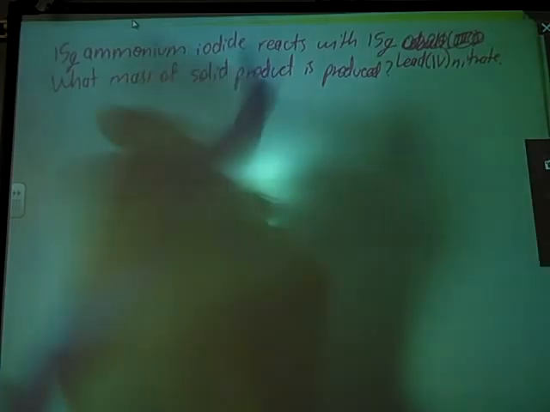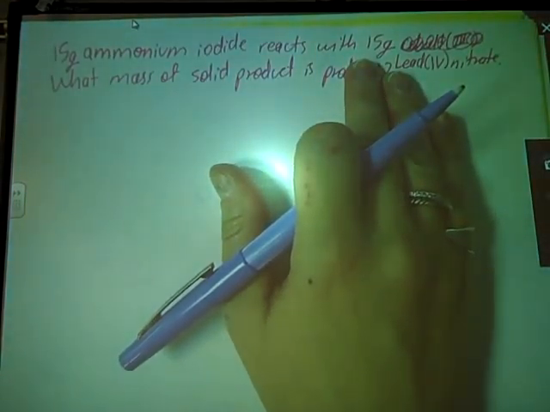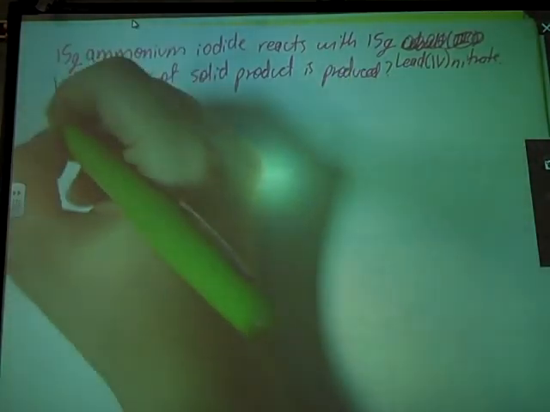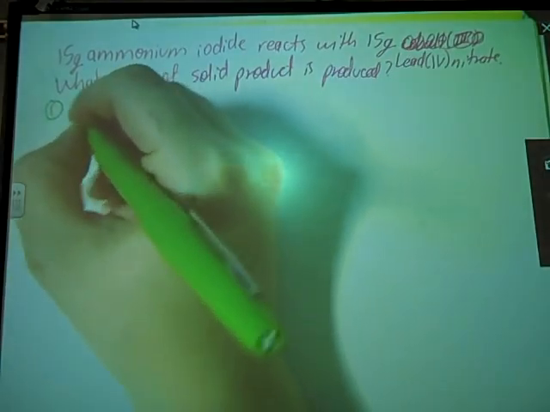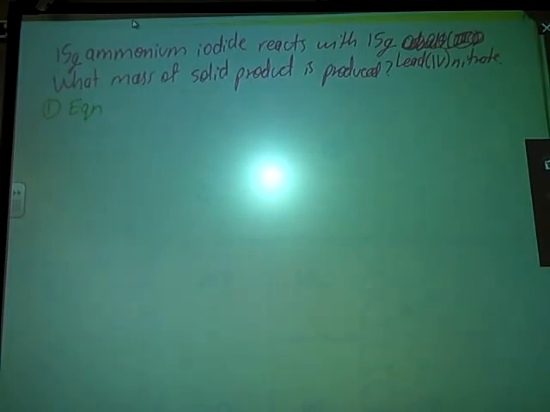So I have two masses here, and I don't know which one to start with. But our process is going to begin the same. Just like before, step one is that balanced chemical equation in any and all forms.